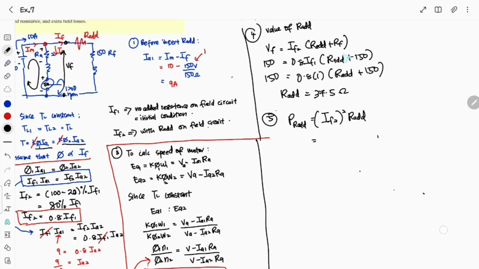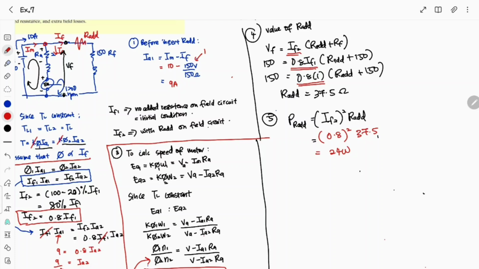What is your IF2? IF2 is 0.8 IF1, which is 0.8 times 1, so your IF2 is actually 0.8 square times this one, 37.5. Okay, so your additional losses is 24 watts.